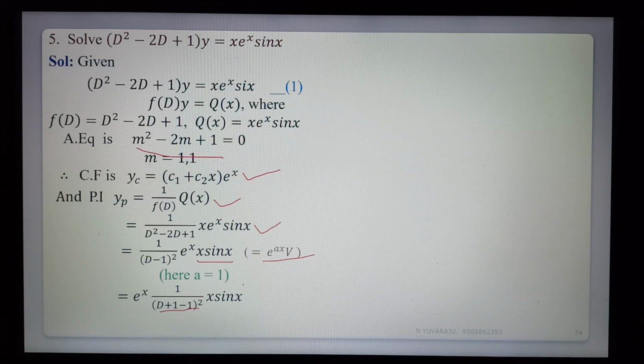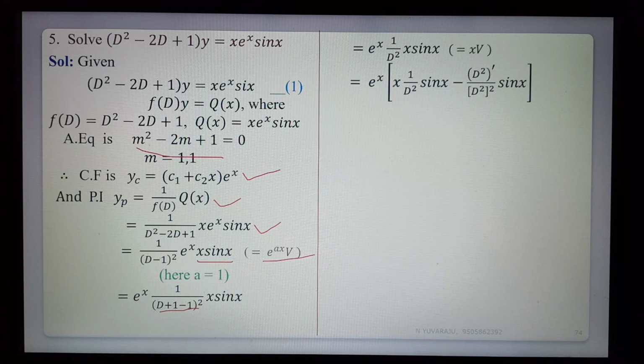Now the simplification is e^x into 1/D² x sin x, that is equal to x into V, which is of the form type 5. So x into 1/f(D) sin x here, 1/D² sin x, minus f'(D) by [f(D)]², D² whole square, into V, which is sin x.